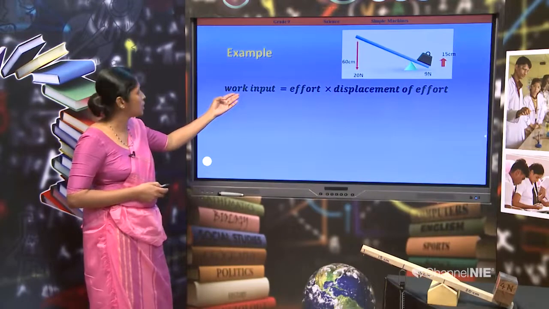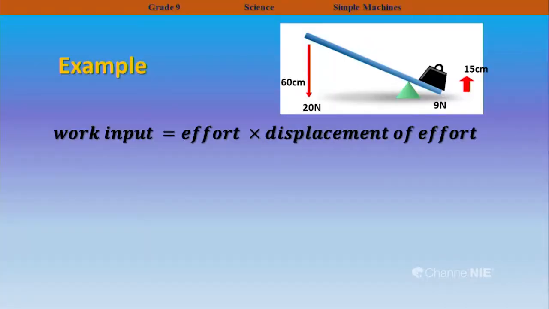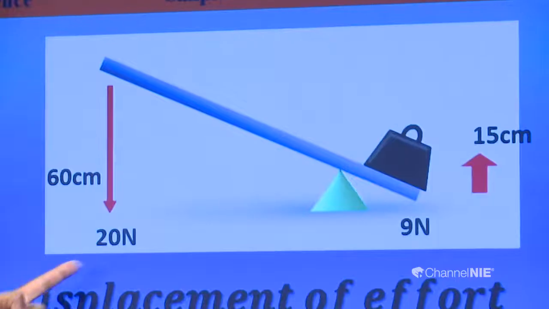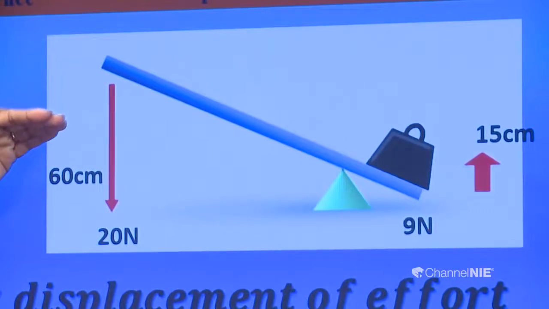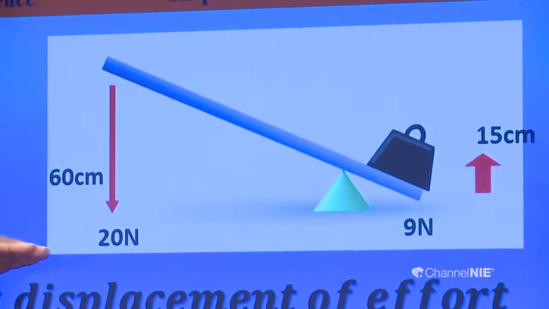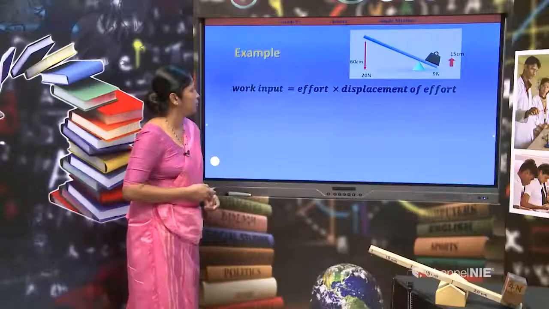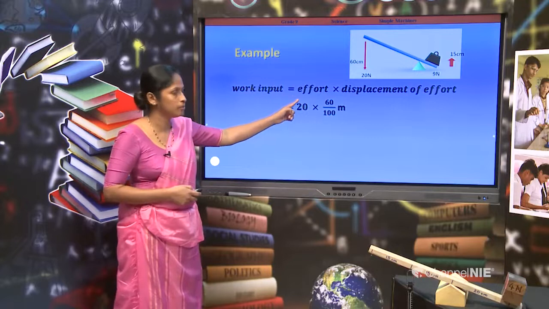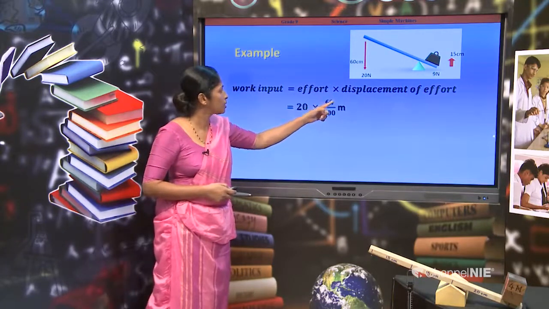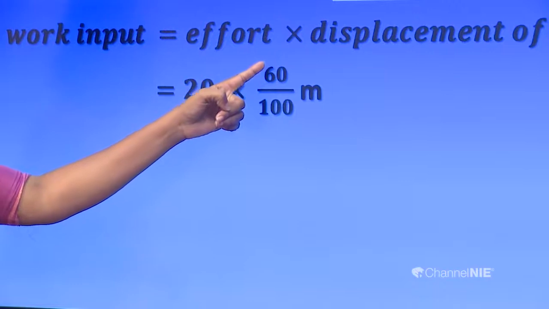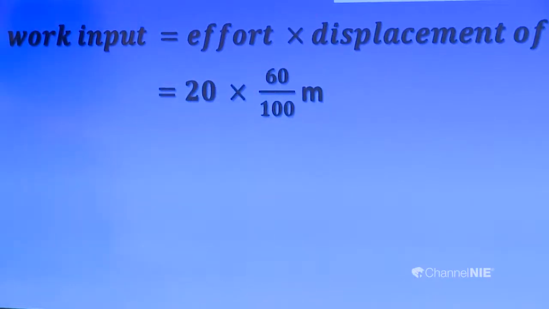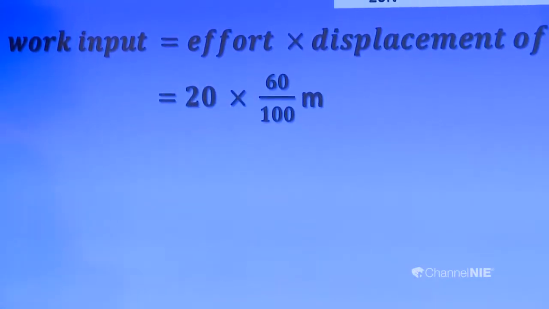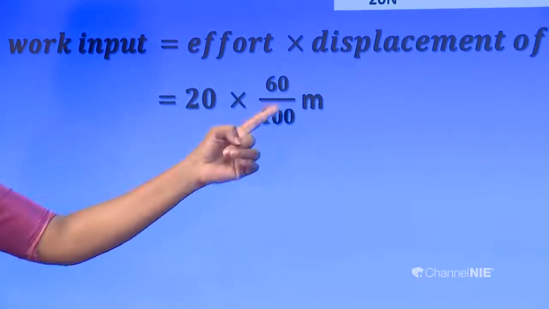Our equation: work input equals effort into displacement of effort. This is the effort, 20 Newton, and it is moved over a 60 centimeter distance. Effort 20 Newton, displacement 60 centimeter, and normally when we calculate the displacement we should use meters.